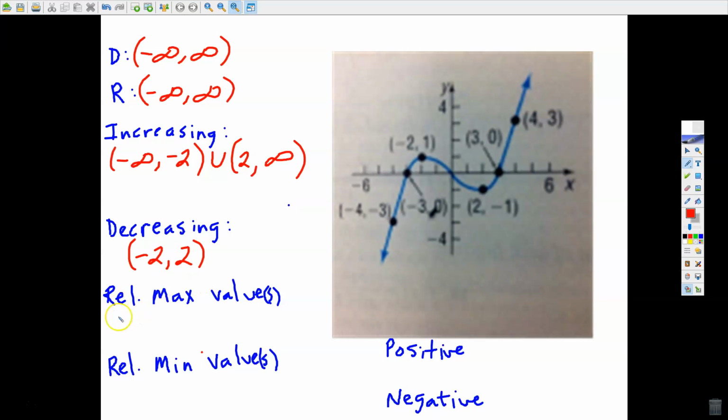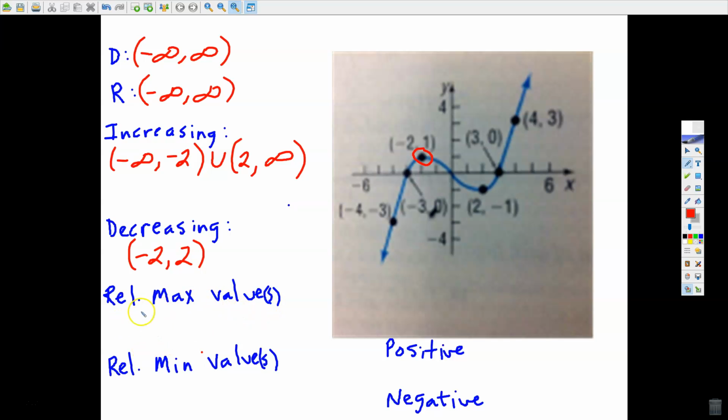Okay, now let's talk about relative maximum, relative minimum. A relative maximum is a turning point that results from going up and then hitting a point, changing direction, and then going down. So I have a relative maximum right here. And the value, whenever you see something that wants a value, it's talking about the y coordinate.